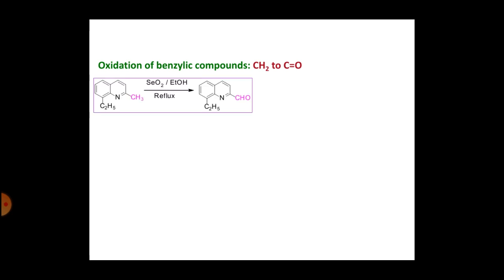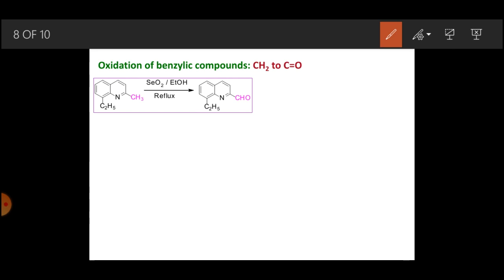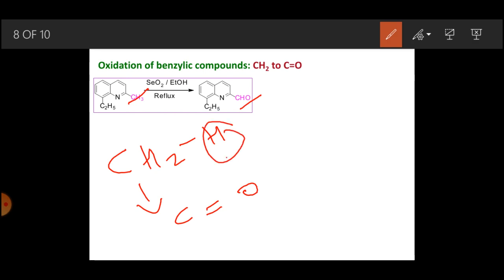For example, in this, the methyl group is active, which oxidizes. This methyl group oxidizes by selenium dioxide. If you see carefully, this CH3 is converted to C double bond O and this hydrogen here.